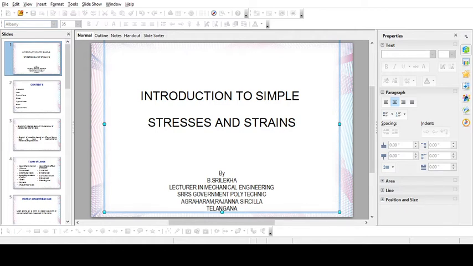Mathematically, stress is equal to load by area of cross section. Load is denoted by P, which is in newtons or kilonewtons, and A is not the entire area, we take just the cross section. If we take a circular bar, the cross sectional area would be a circle. If we take a rectangular bar, the cross sectional area would be a rectangle.